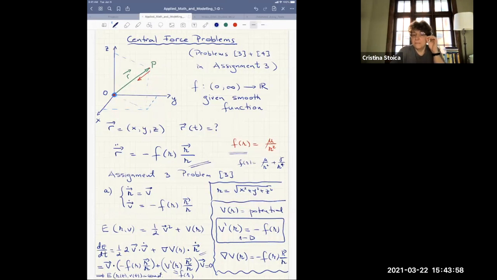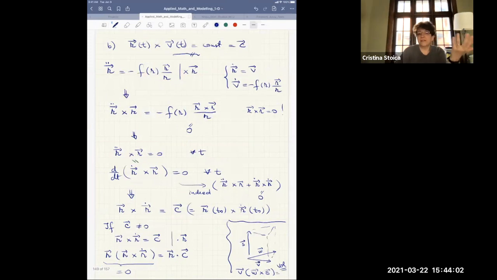But the point is that the theory of the central force stays the same, right?